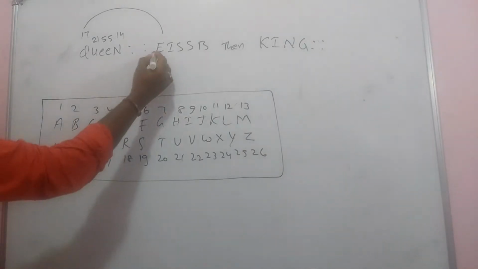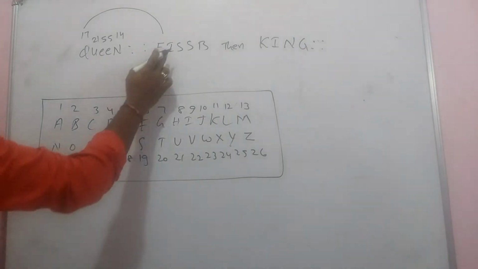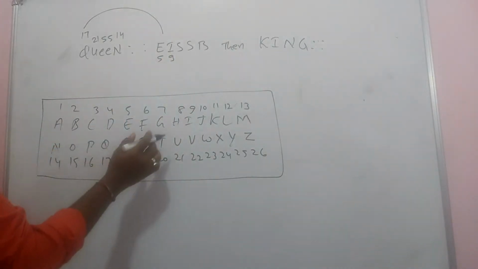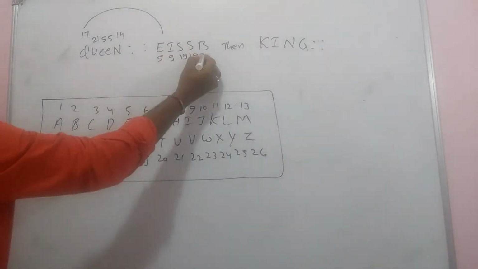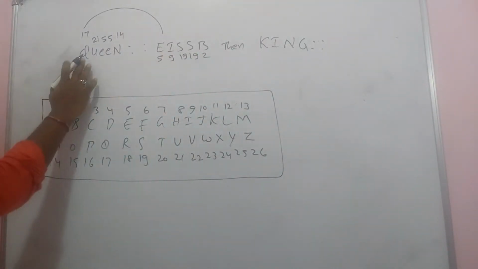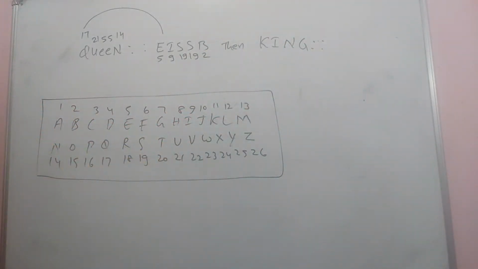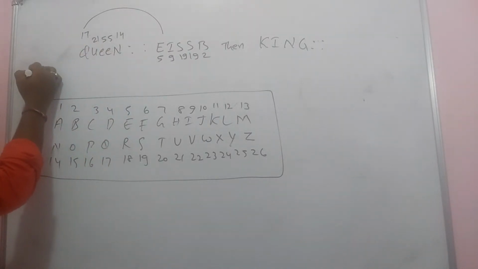E. E means 5. Then E is 5, I is 9, S is 19, and B is 2. If this is coded as this, then King will be coded as what? So if you observe carefully, the difference between them is 17 minus 5, that is 12.